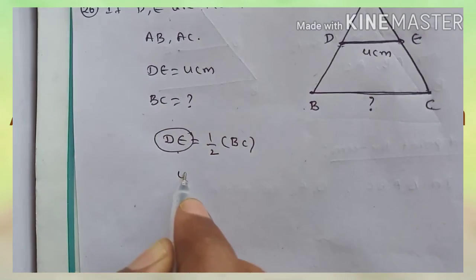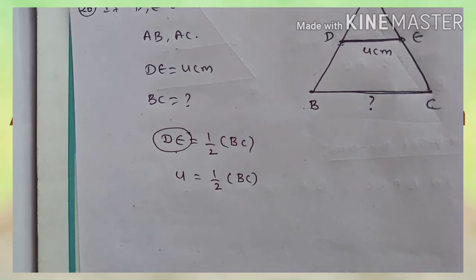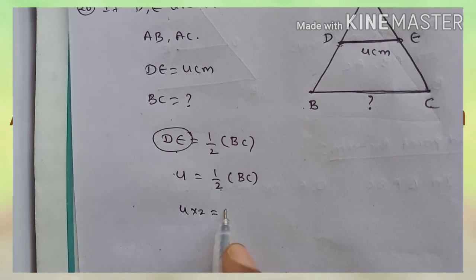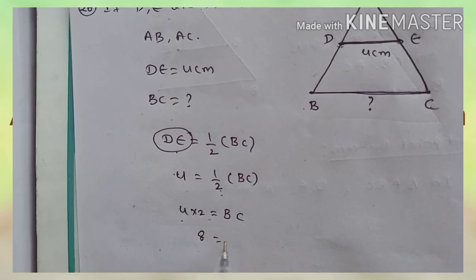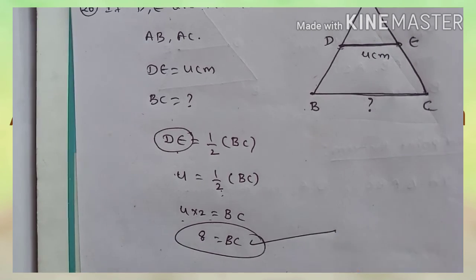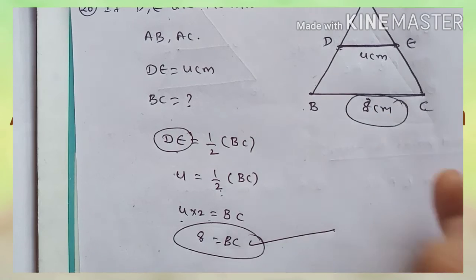DE value given, 4, is equal to half of BC. Transposing the 2, 4 into 2 is equal to 8, which is equal to BC. So the BC value we get is 8 centimeters.